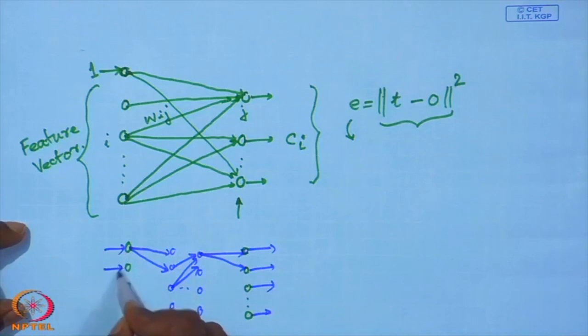However, the training for this backpropagation neural network was the same as for the single layer perceptron. That is, for a known feature vector which is input to this neural network, we know the target output. And when the neural network is not properly learned, we get an output for the same input feature vector which is not the same as the target output.